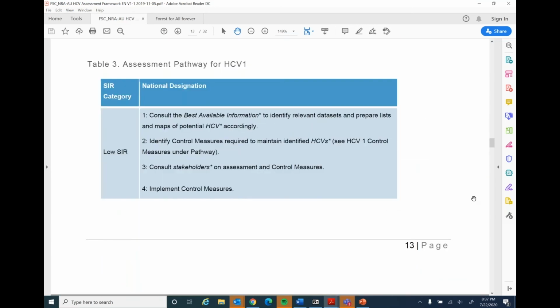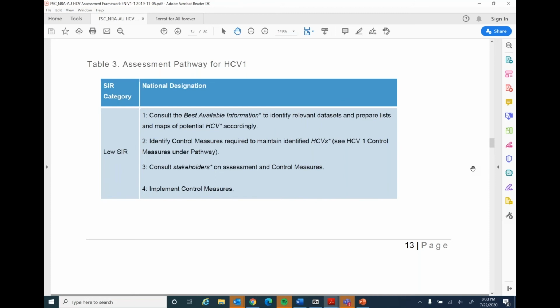So this is the assessment pathway, and people familiar with the national standard will see a fairly similar sort of process. Essentially it sets out for both the low scale intensity risk group and the standard scale intensity risk the assessment pathways that you follow to assess whether you've got high conservation values within your sourcing area or your management unit.